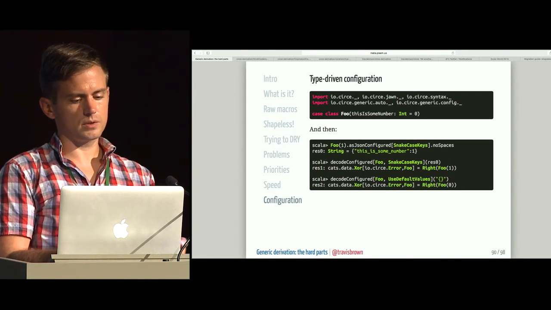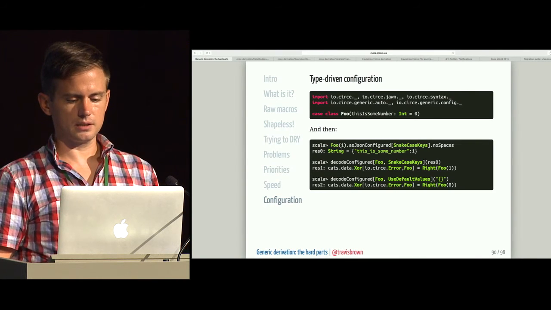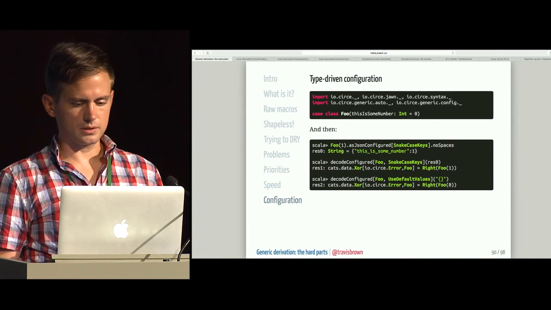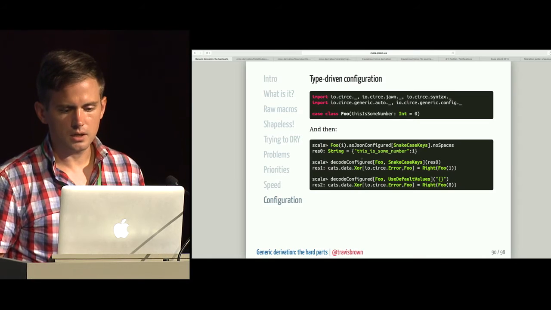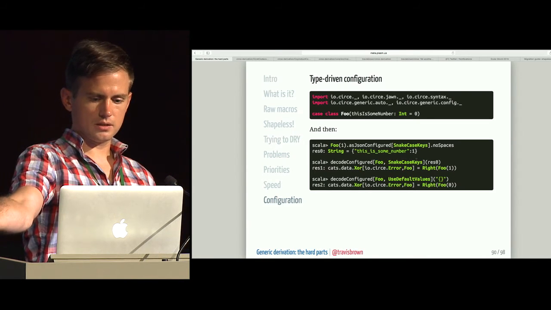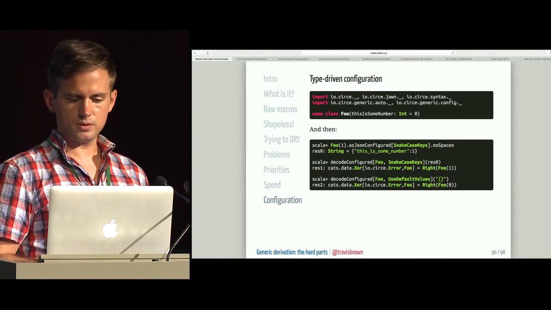Instead of asJson, we're going to say asJsonConfigured and say we want this encoded as snake case. And we'll get a JSON representation that uses snake case. And we can do the same thing on the decoding side, using this decodeConfigured helper method. And so we can read back that JSON string that we just wrote into a Foo type.